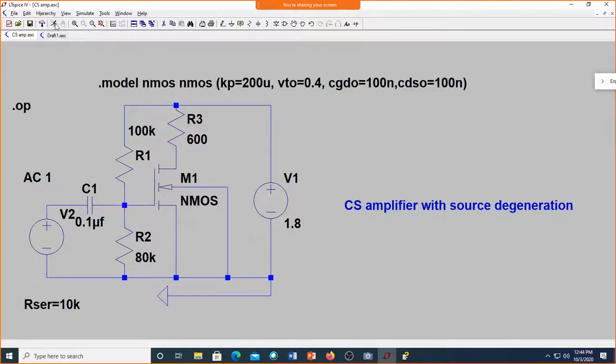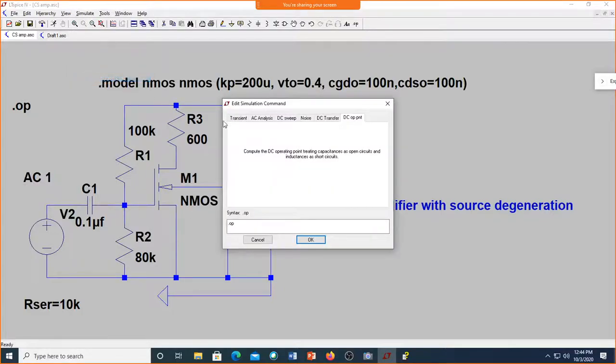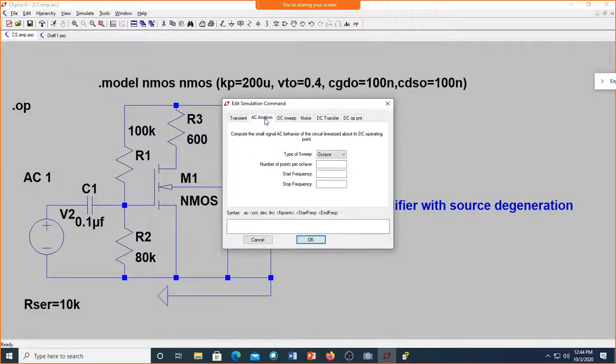And coming to the simulation command, it should be AC sweep. The type of the sweep should be decade. Number of points, take it as 100 points per decade. You start from a very low frequency of 10 Hertz and go up to a frequency of 1 gigahertz.